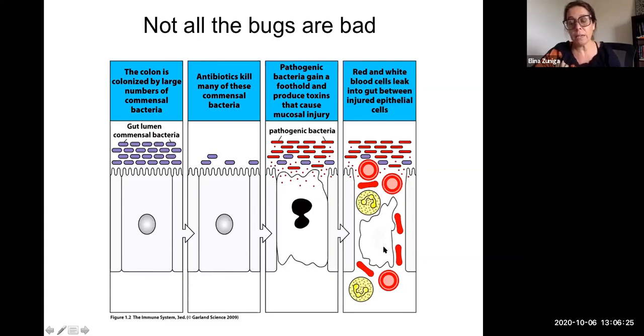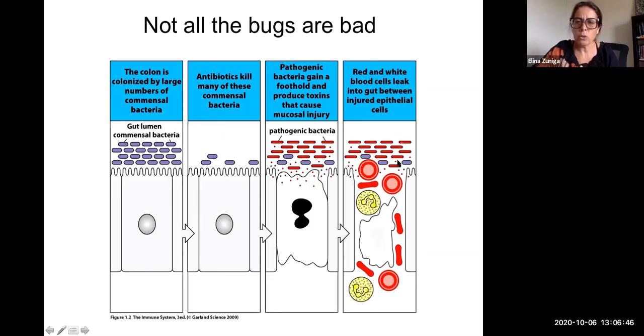And many times these inflammations can become chronic, and this is the case, for example, for colitis, which is a disease that is characterized by dysbiosis, which is an alteration in the composition of the bacteria in the intestinal tract.